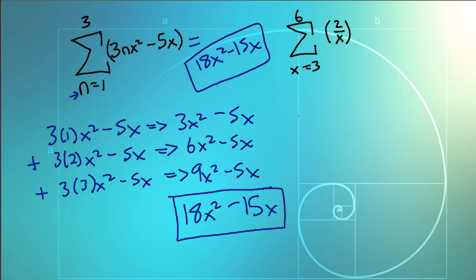This one involves fractions, so going from 3 to 6. I'm going to have 2 over 3 plus 2 over 4 plus 2 over 5 plus 2 over 6. Going to need a common denominator here. I'm going to do it in pieces. I'll probably save that 5 for last.